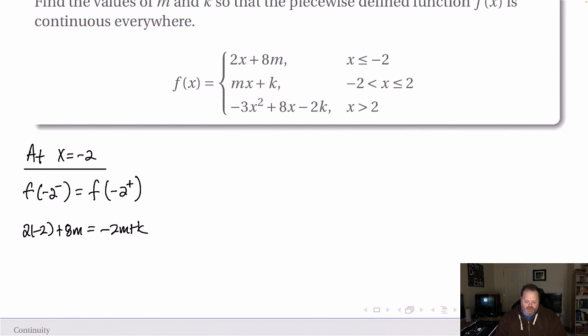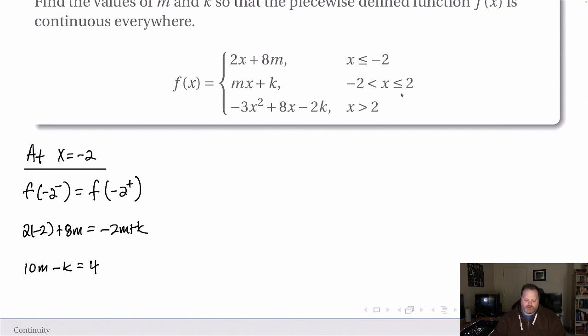If I do a little bit of work on this, this is 10m, bring the 2m over. And then I'm going to bring the k over, that'll be minus k. And then on the right-hand side, you've got negative 4 right here, but if I bring it over, it'll be a positive 4. So this is the condition on the left-hand side, at negative 2.